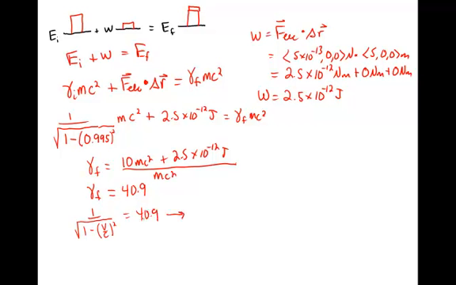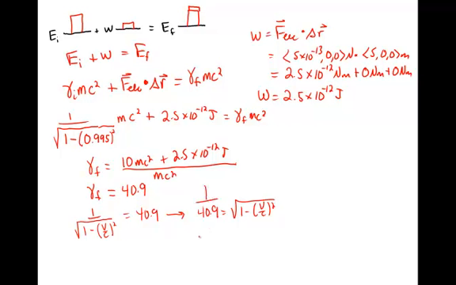So let me just cross multiply and switch the place of the 40.9 with this denominator, to get that 40.9 is equal to the square root of 1 minus v over c squared. And I can go ahead and square both sides to get, I'm sorry, this is supposed to be 1 over 40.9.